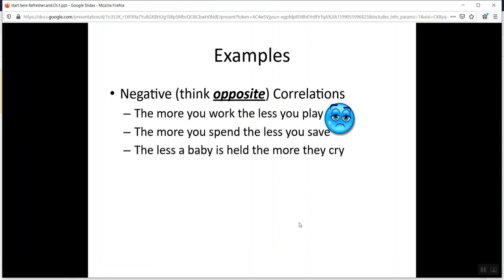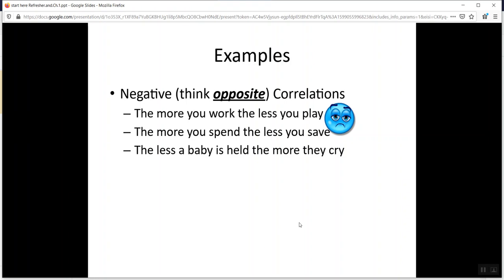Negative correlational examples: the more you work, the less you play. The more you spend, the less you save. The less a baby is held, the more they cry. Now, when we talk about early childhood development, one of the things we talk about is colic in babies.